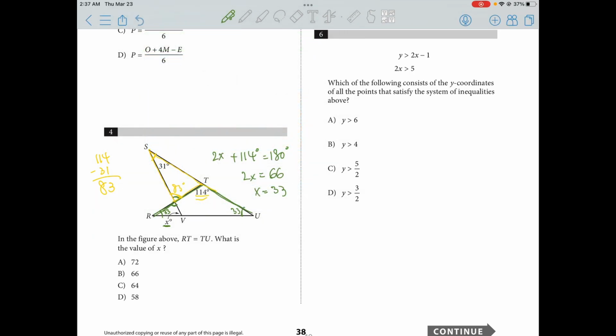If that's 83, we know that's 83 as well. And since we know the sum of the interior angles of the triangle equals 180, so 83 plus 33, and we subtract. We get 64 degrees as x.